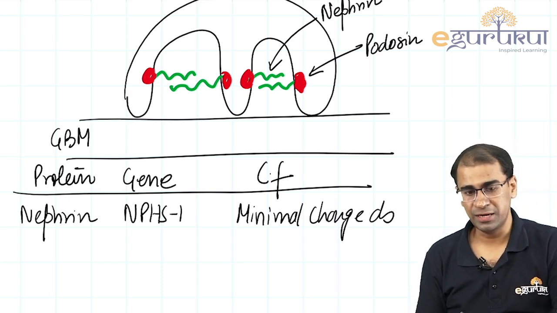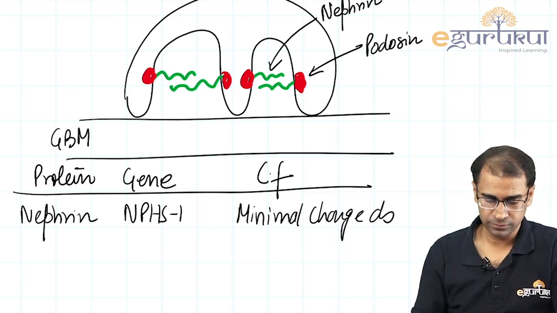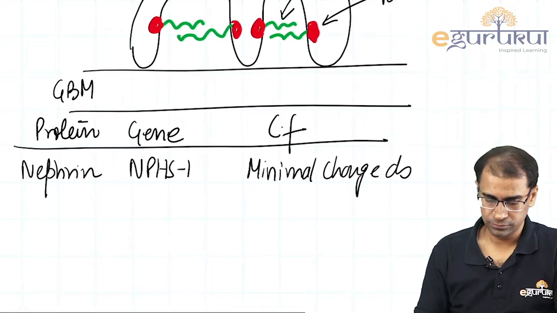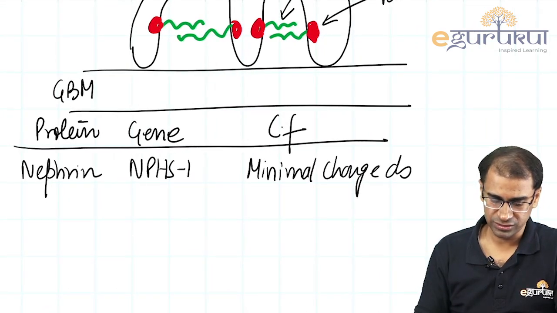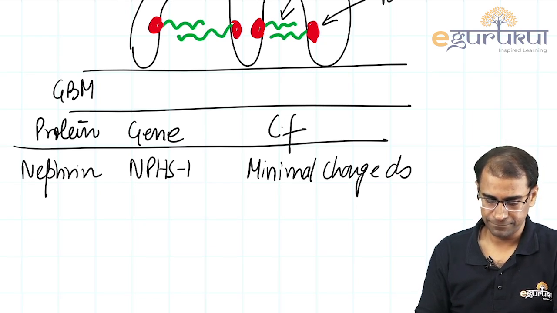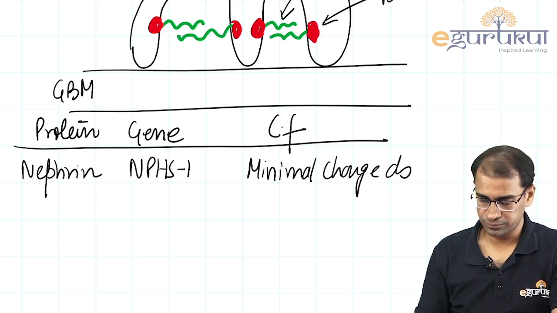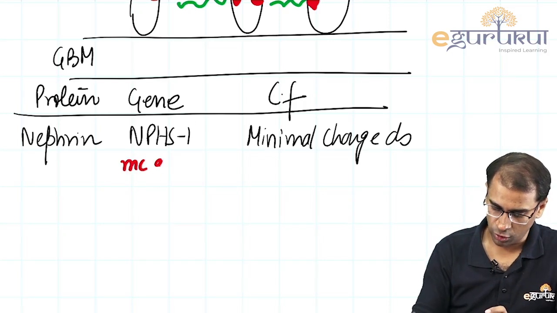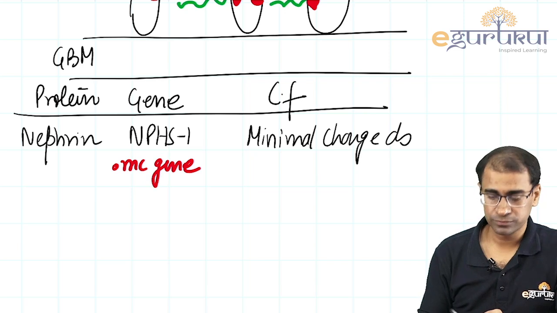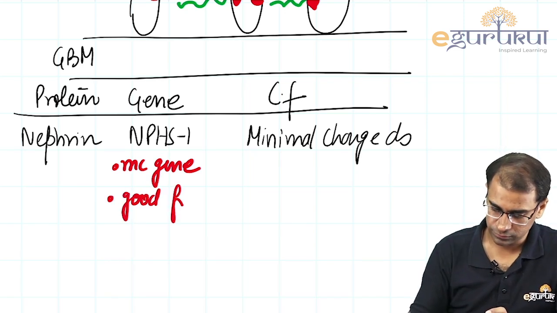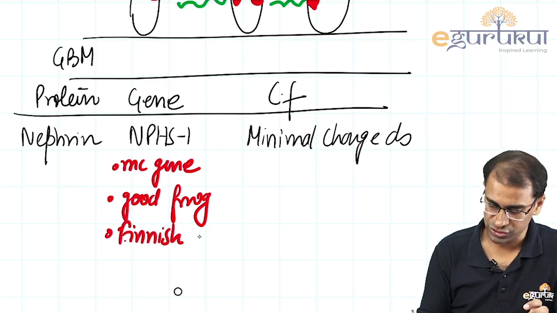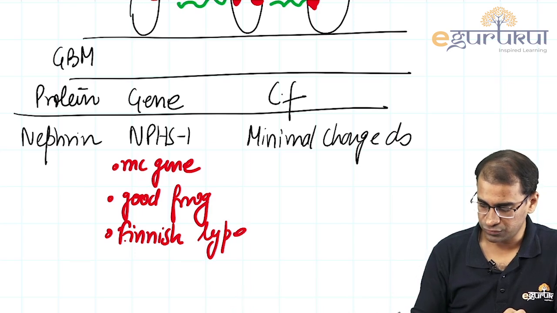This is the most common gene defect. It has a good prognosis and is also called Finnish type.